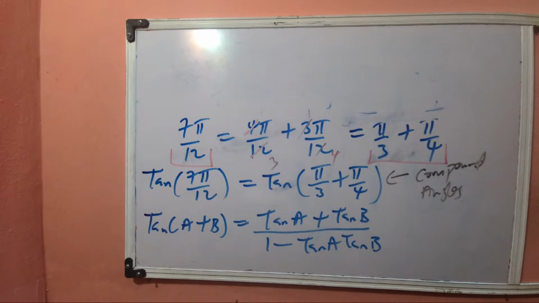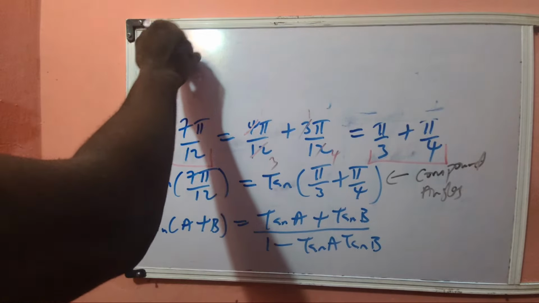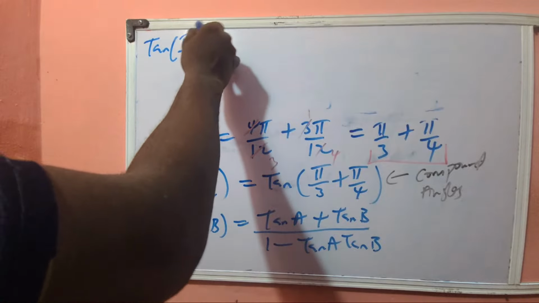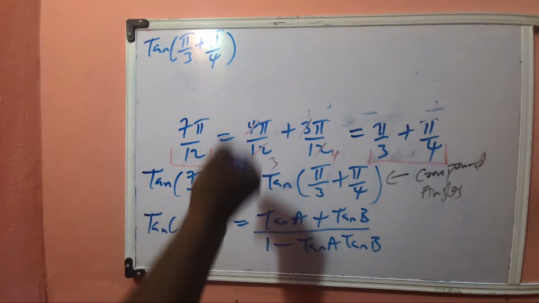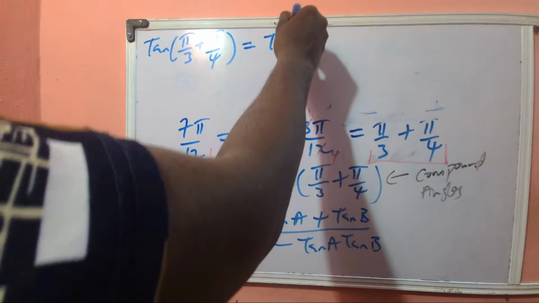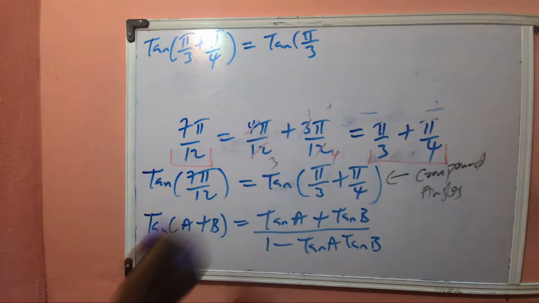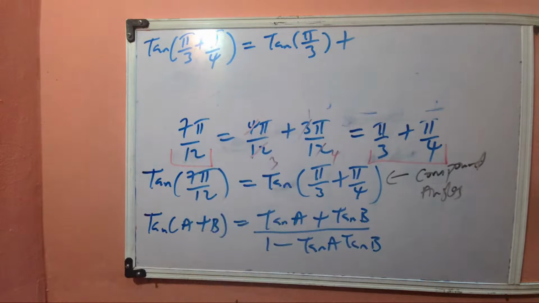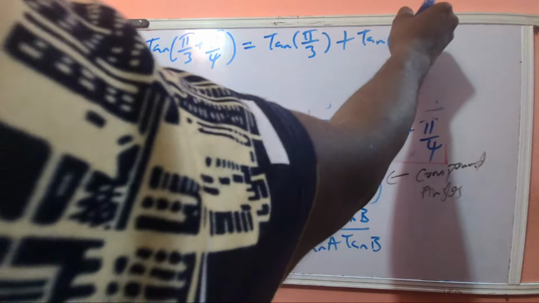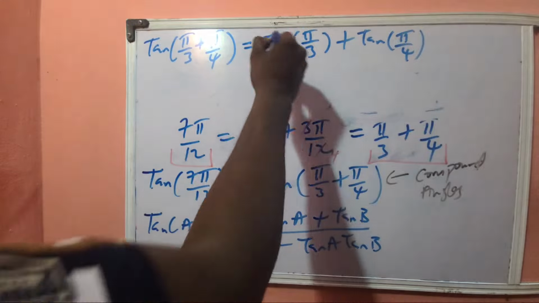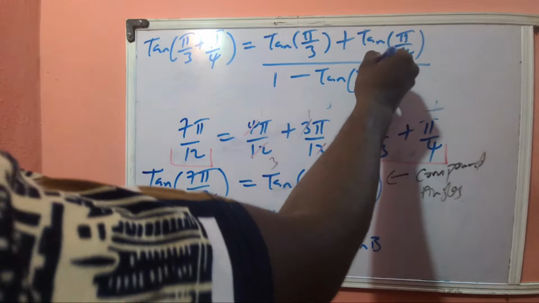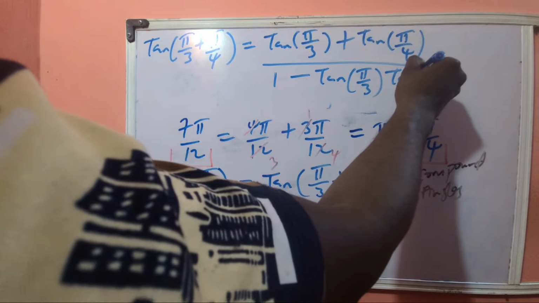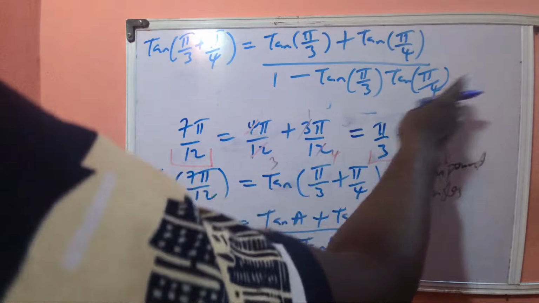Now that we have known our compound angle, don't forget, this is the compound angle we're trying to address: tan of pi over 3 plus pi over 4. Don't forget that. So we can go on to use the compound angle now. This will be equal to tan pi over 3, of course, A here is representing pi over 3, plus tan pi over 4, everything over 1 minus tan pi over 3 times tan pi over 4.